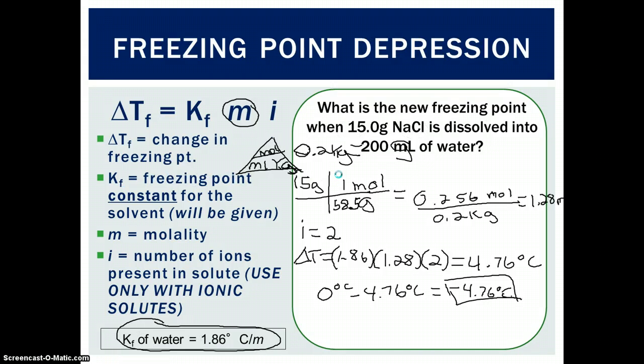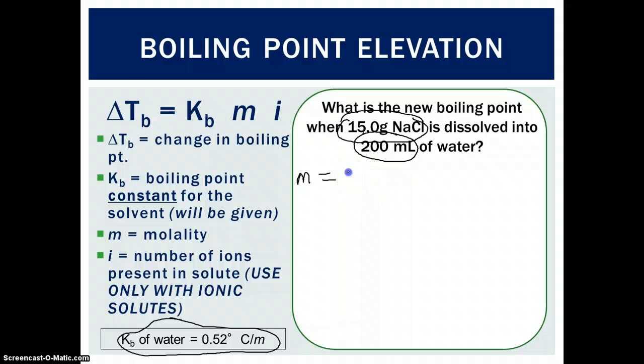So if we go back, we found it by taking the grams and using the molar mass to find moles, dividing the moles by number of kilograms to get a molality of 1.28. Also, sodium chloride dissociates into 2 ions.